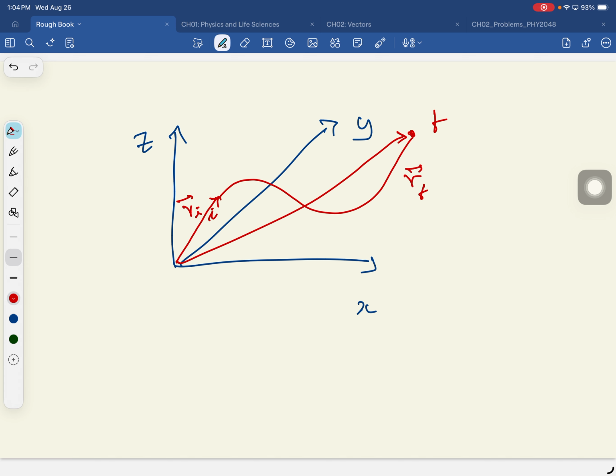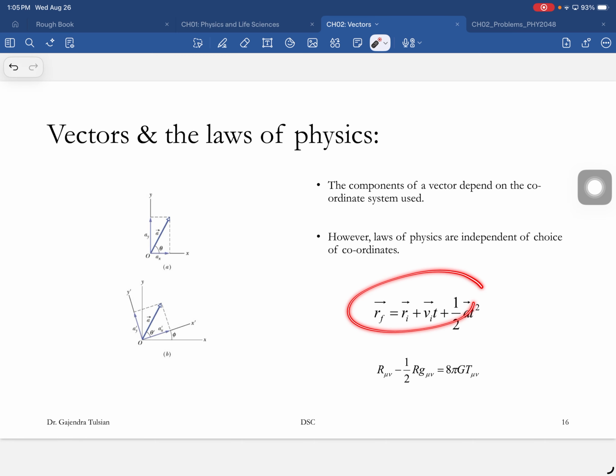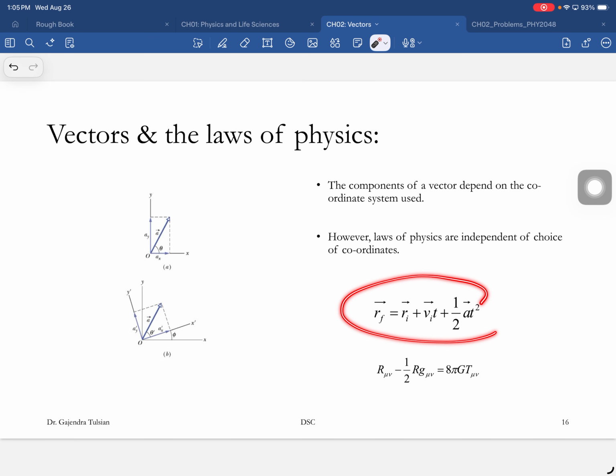I just drew a flight, and this relationship won't hold for this flight. In this flight, the acceleration is not constant. This equation is valid when the acceleration vector is constant.